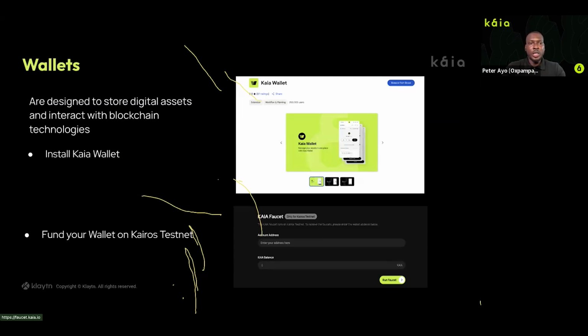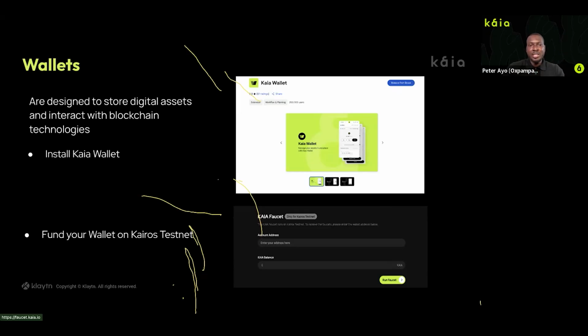Yeah, we have wallets. So what are wallets? For the most part, I think a lot of us must have seen or heard of wallets, Kaia Wallet or MetaMask. And so what are wallets in this case, and what do they actually do on the blockchain?